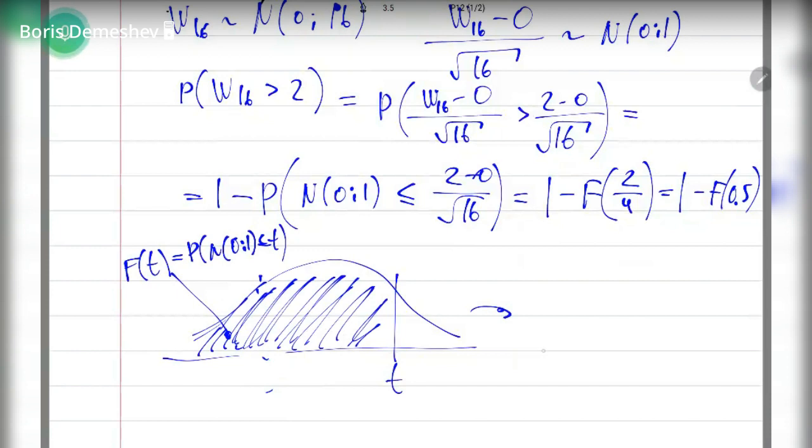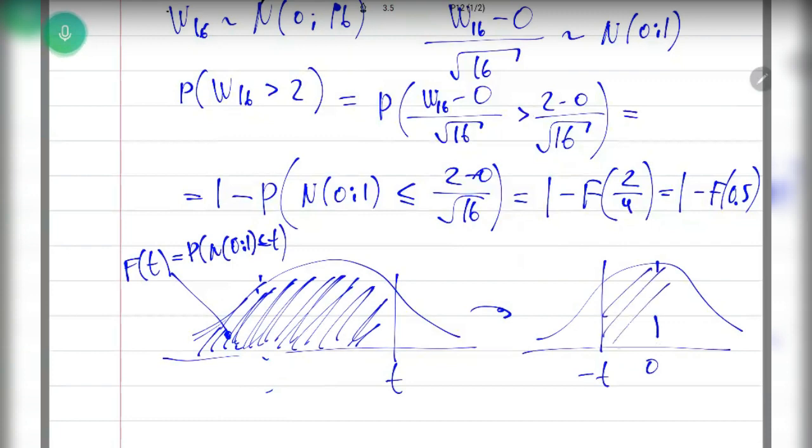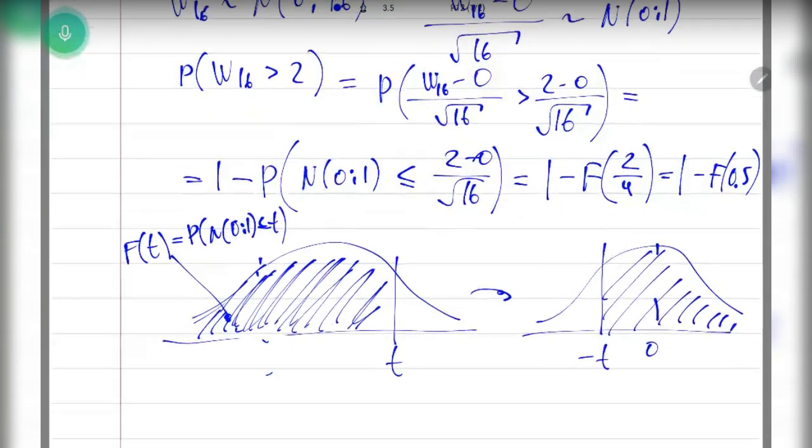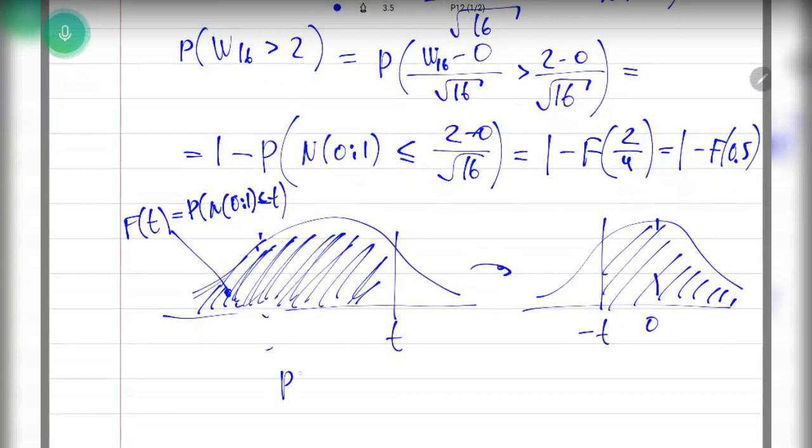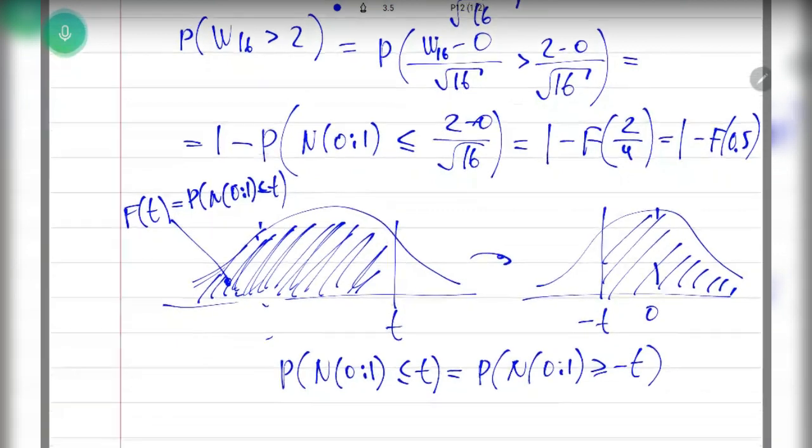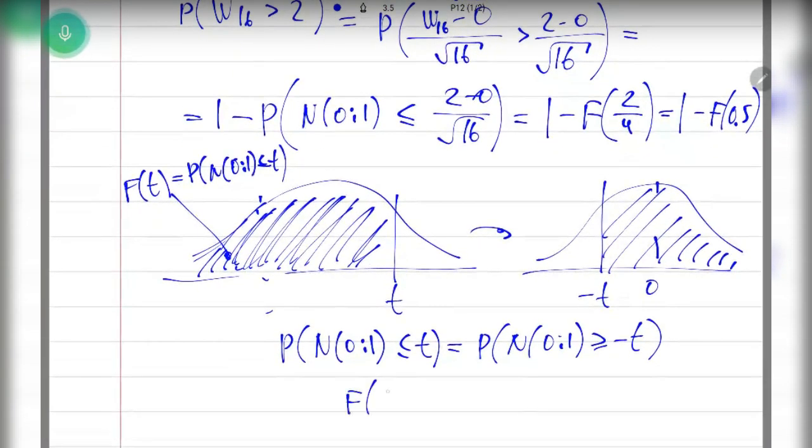If I calculate the minus t point and the t point, I clearly see that by symmetry, the probability that a standard normal is less than t is equal to the probability that a standard normal is bigger than minus t, and hence F of t is equal to 1 minus F of minus t.